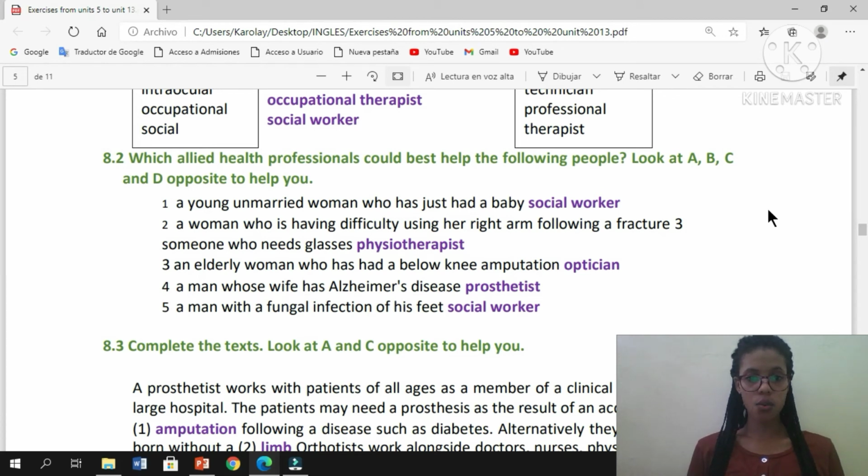An elderly woman who has a below-knee amputation. The answer is optician. A man whose wife has Alzheimer's disease. The answer is prosthetist. A man with a foot infection. The answer is social worker.